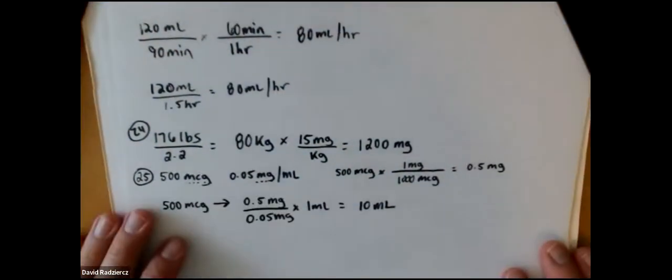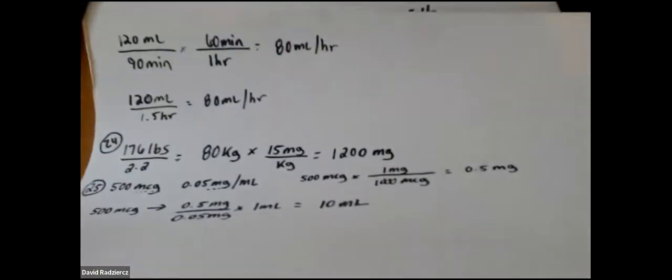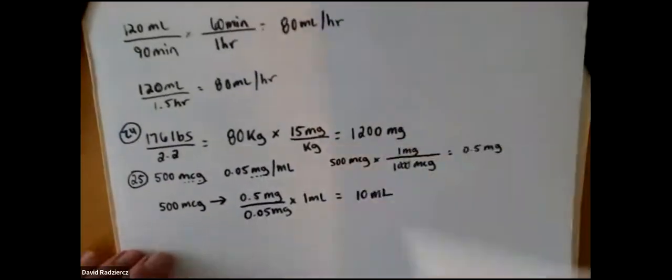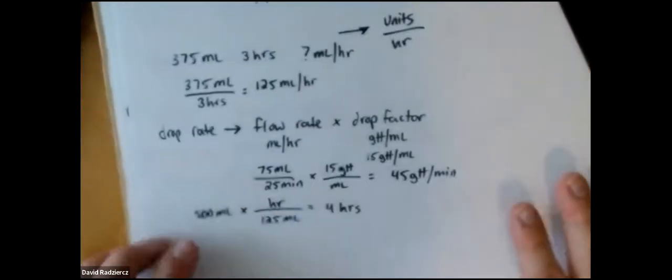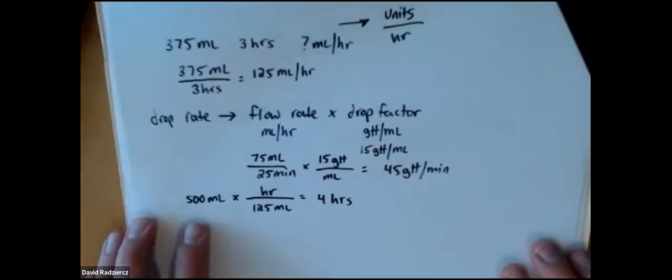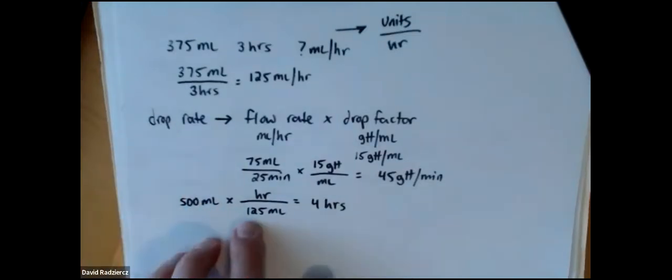Number 18. You have 500 milliliters that's infusing at 125 milliliters per hour. There's a couple ways you can do this. You can just say, okay, 125 milliliters per hour.